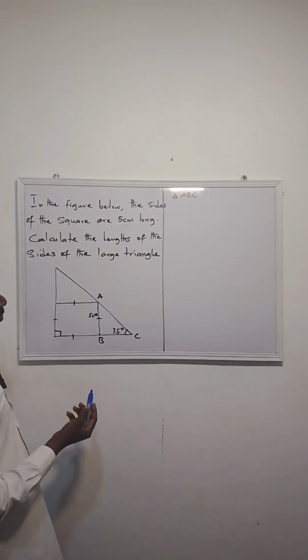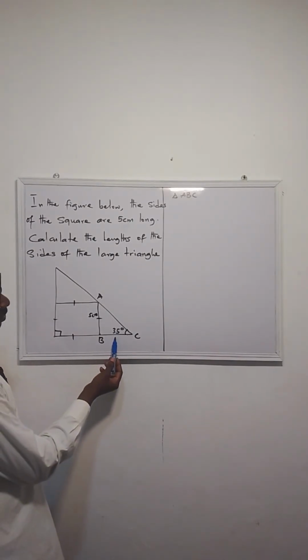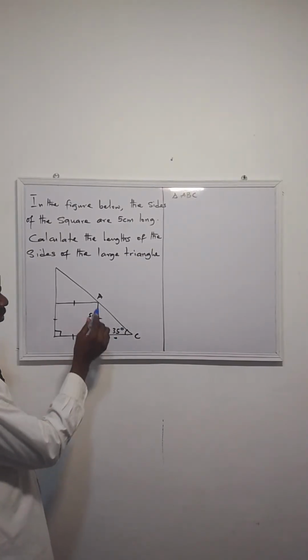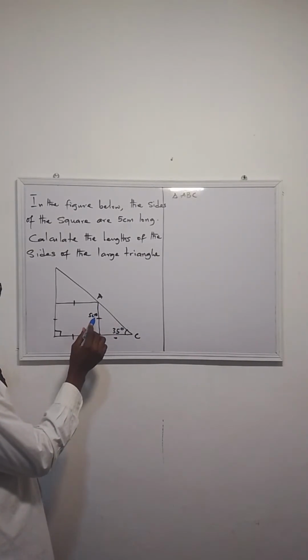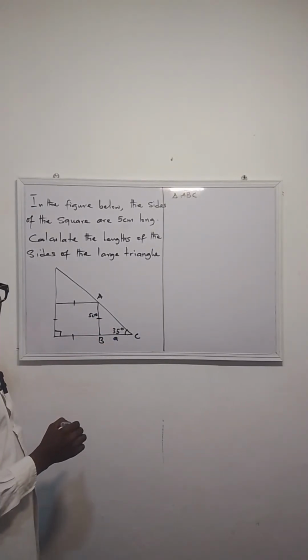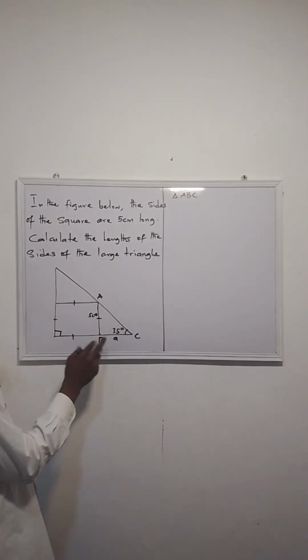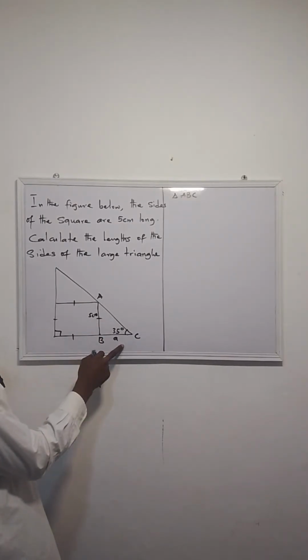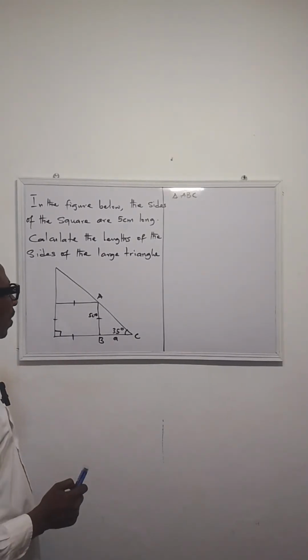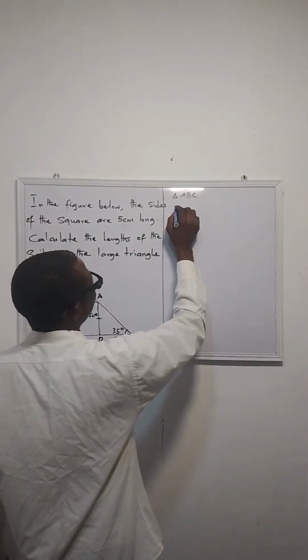Now we can get this side BC, and let's get this B side. This is going to be the adjacent to this triangle, while this is opposite. Let's call this place small a. So opposite over adjacent, that's tan.